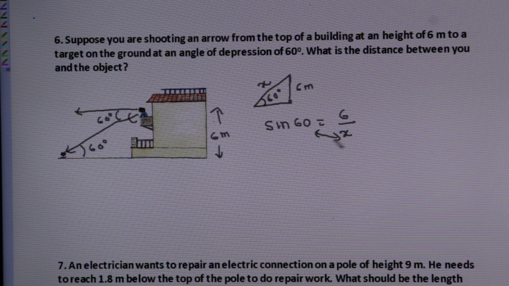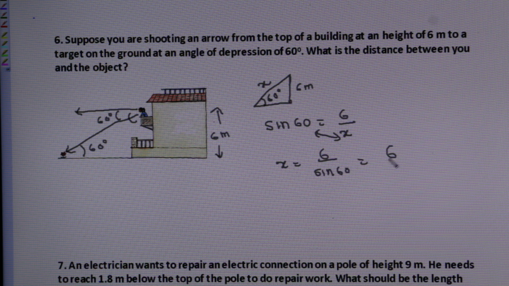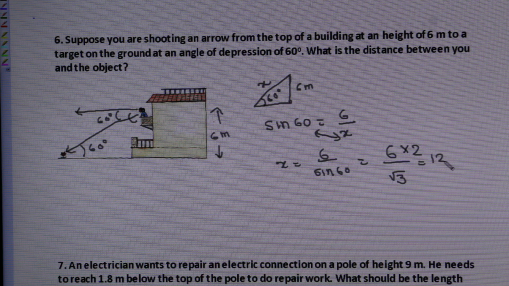By transposition, x is equal to 6 by sine 60. What is the value of sine 60? That is root 3 by 2, so 2 becomes the numerator. Therefore, 12 by root 3.